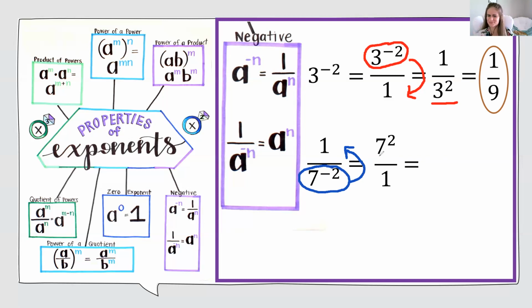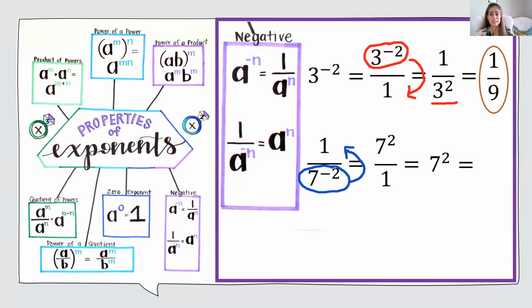Yay! Do we need to leave this as a fraction? No, because we talked about just a minute ago how when you divide something by 1, it doesn't change it at all. And I don't need it to be a fraction anymore. So I can write the equivalent form, 7 squared.